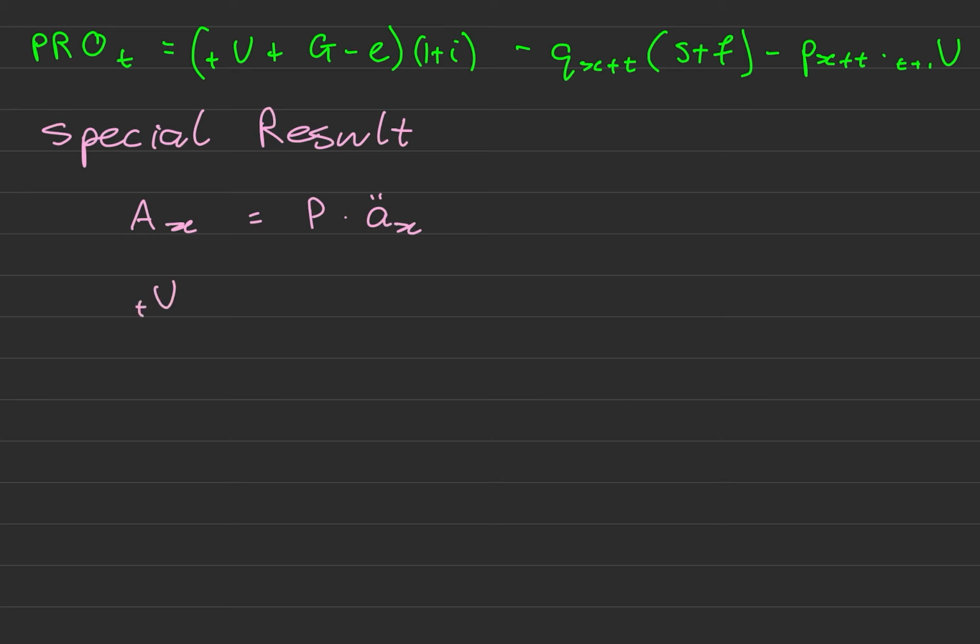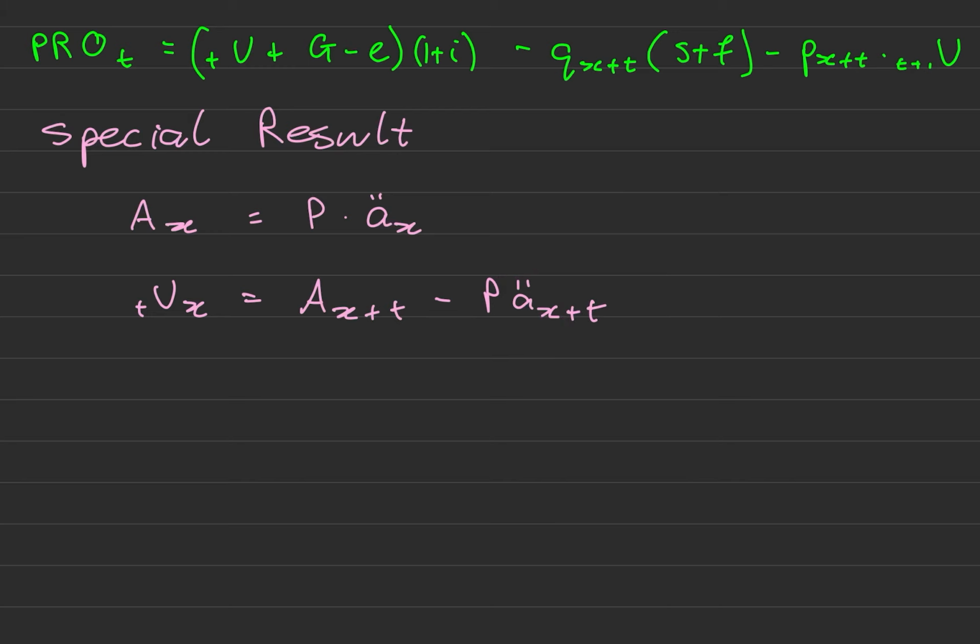So the reserves for a whole life assurance policy, if I do it in terms of a prospective calculation at time t, then I take the expected future outflows minus the expected future inflows, which is the premiums.